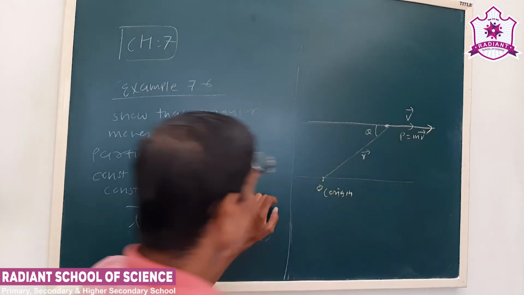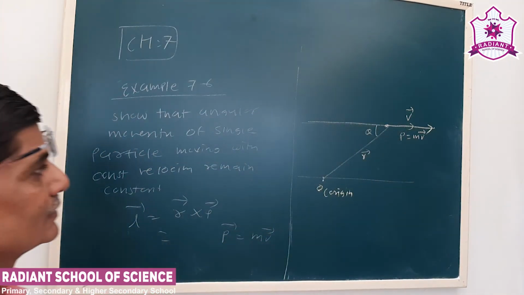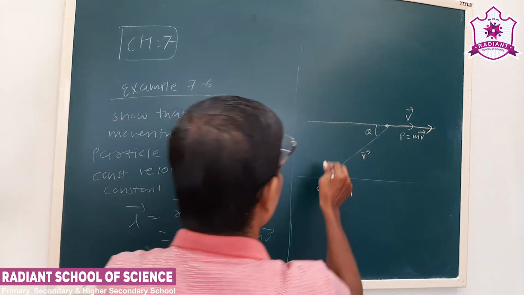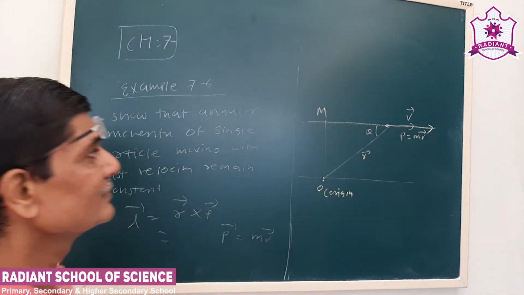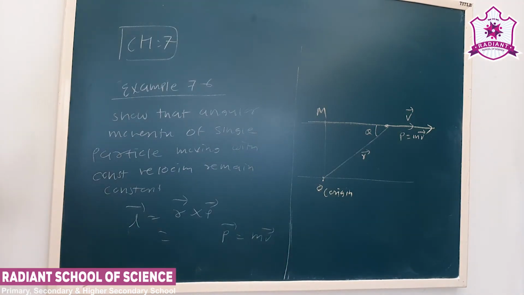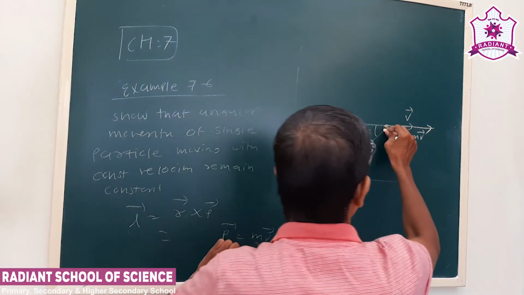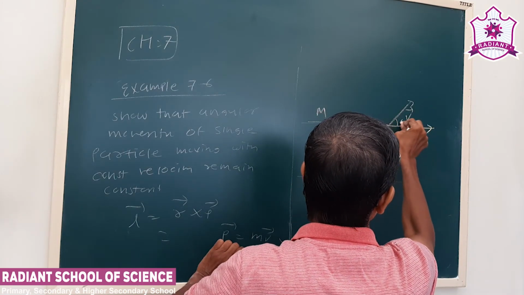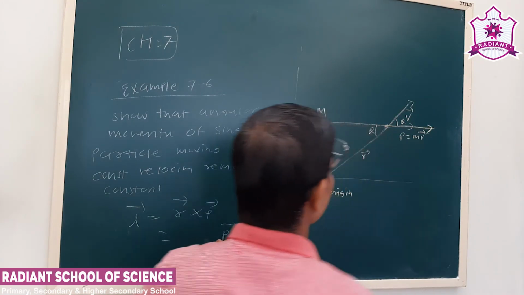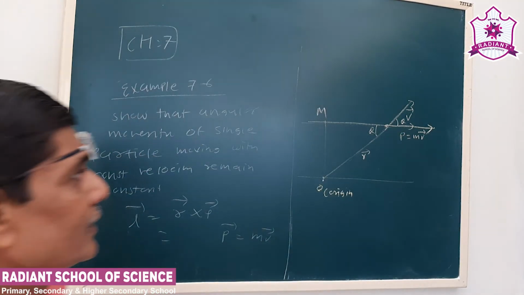Let us say this angle is theta. Now this is our origin. Let us say if I drop a perpendicular distance at M. Now the angle between position vector r and p is given as theta. Now what we can consider is the vertically opposite angles are equal.